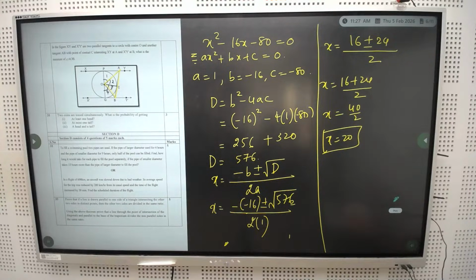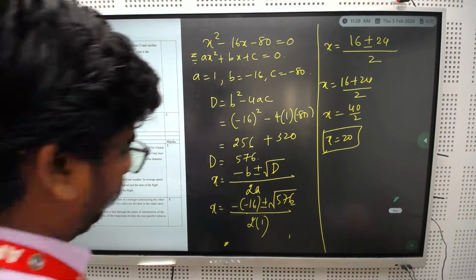Next, an aircraft was slowed down due to bad weather. Its average speed for the trip was reduced by... What is the meaning of reduced? Do you know what the initial speed of the flight is? Then what should I take? Let the speed of flight be equal to x.